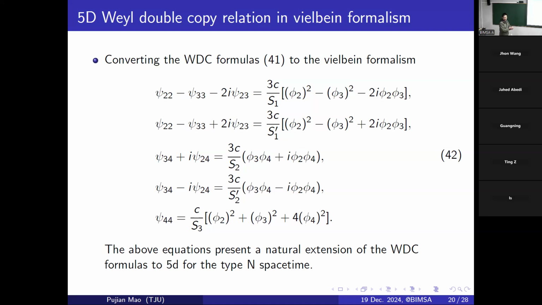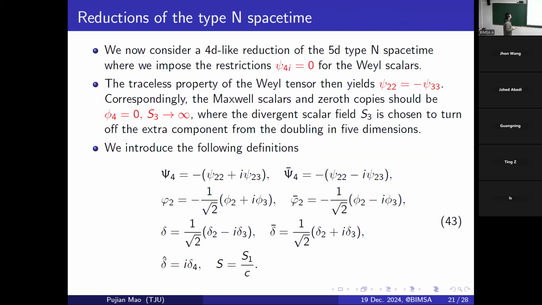Then we propose the reductions. We turn off some components or some Weyl scalars, and all the psi for i we set to 0. We want reductions for the type in spacetime because the generic one is too complicated for us. We cannot say anything.